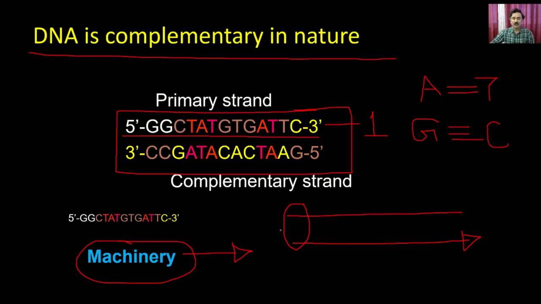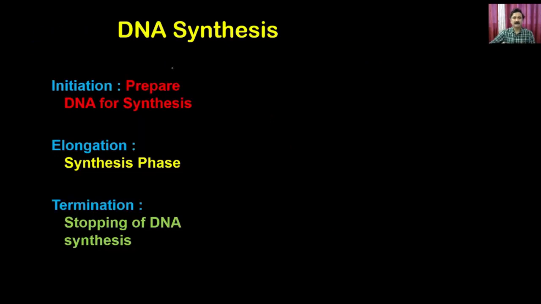But if you recall, when we were discussing the polymerases, the DNA polymerase does not work in isolation, because there are multiple steps which have to be performed for DNA synthesis. What are these steps? You have the initiation steps, where you prepare the DNA.